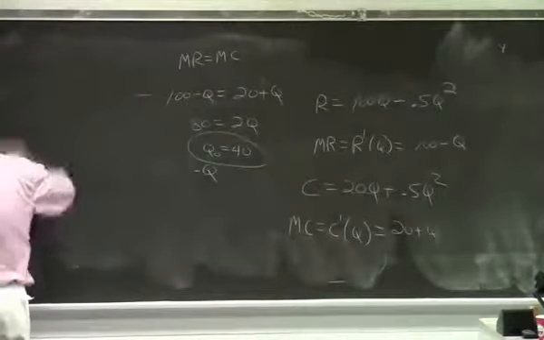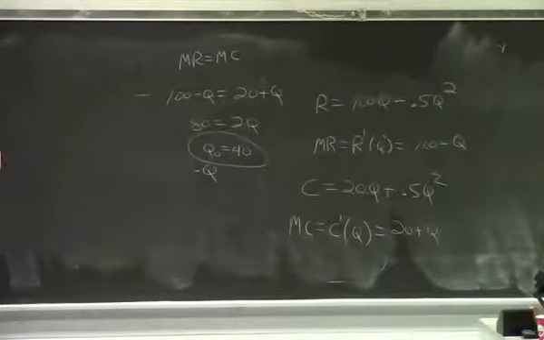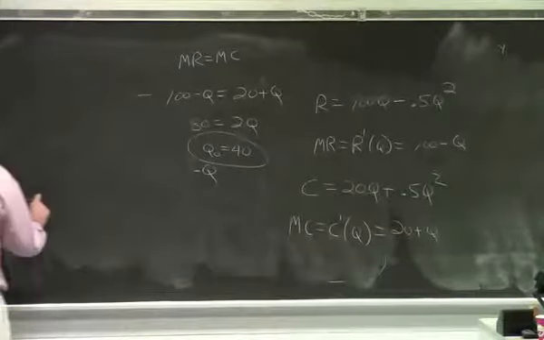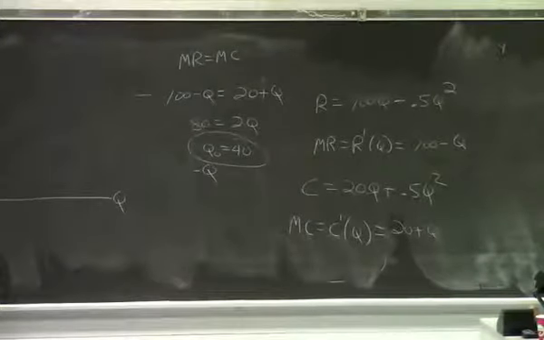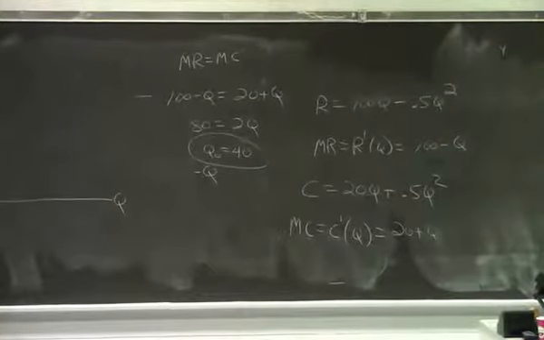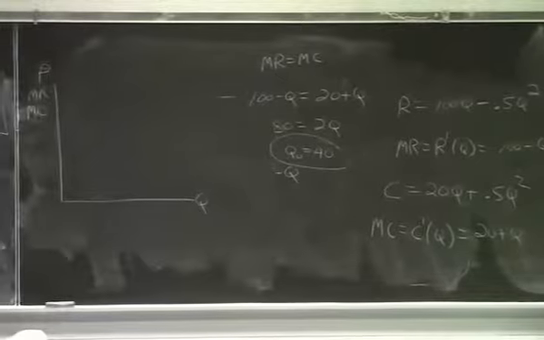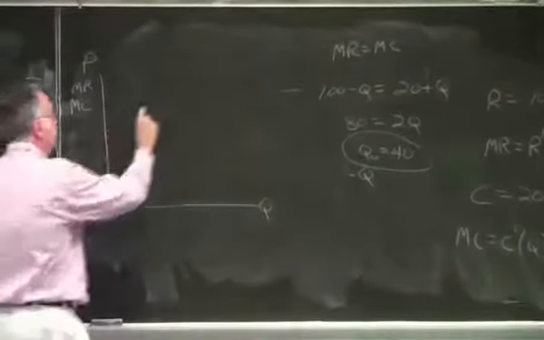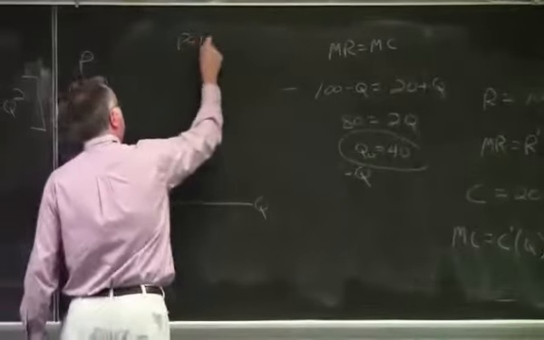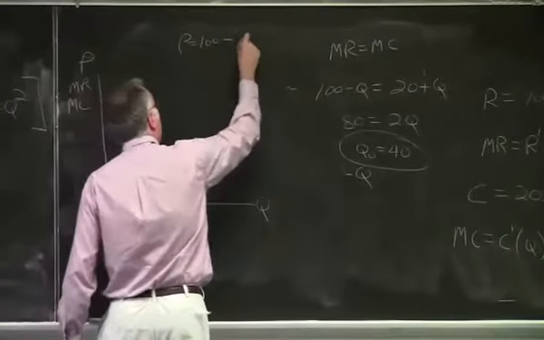In terms of a graph, it would look like this. In fact, let's draw our diagram. Q on the horizontal axis. Price, marginal revenue, and marginal cost are all measured on the vertical axis. And let's go back to our demand curve, our inverse demand curve, and graph it.